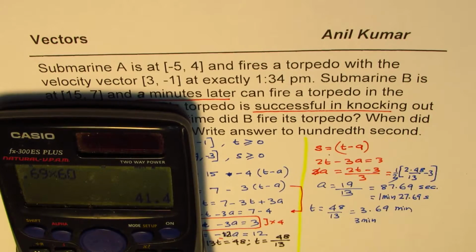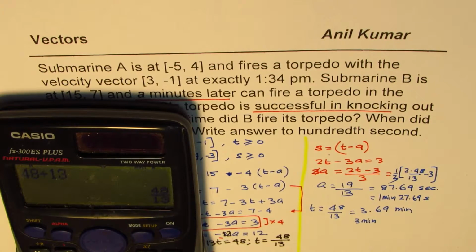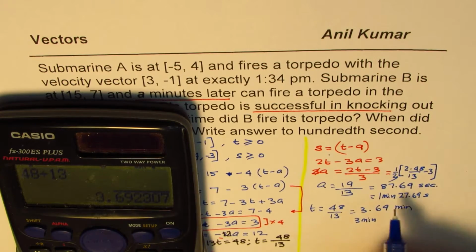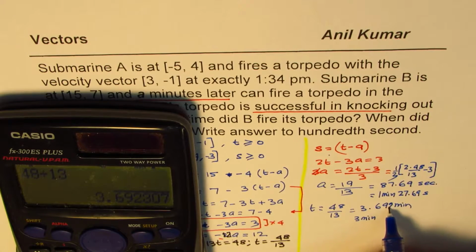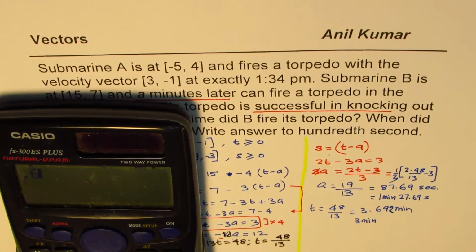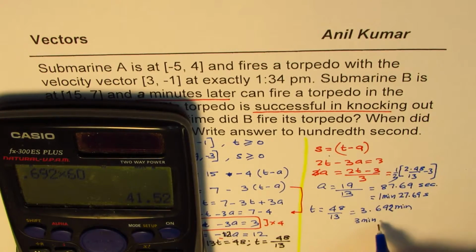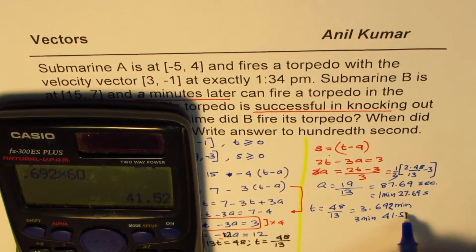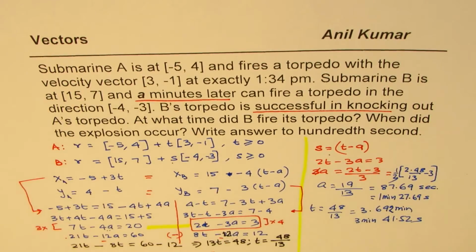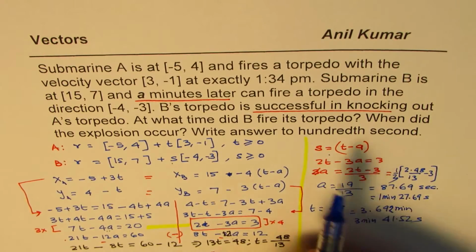So actually I should do, wait a minute, 48 divided by 13 in decimals, so it is 3.6923, right? So anyway, we'll take one more decimal place, and then 0.692 times 60 to get hundredths of seconds, right? So we get 41.52 seconds. Do you get an idea? So that is how we can find both the answers.